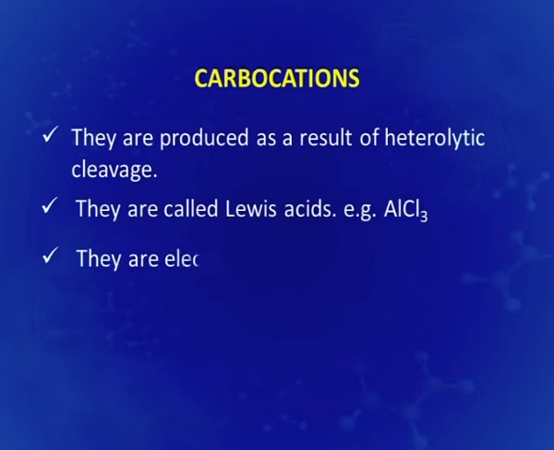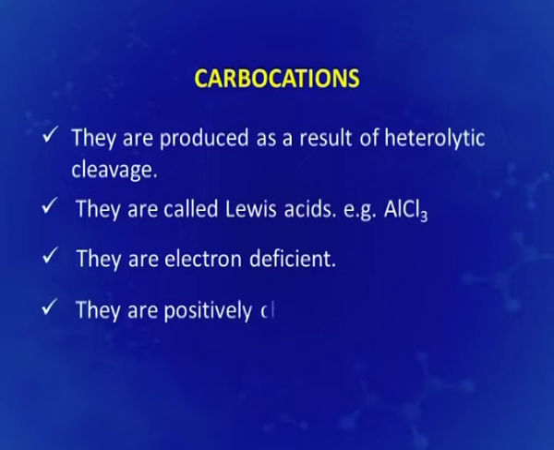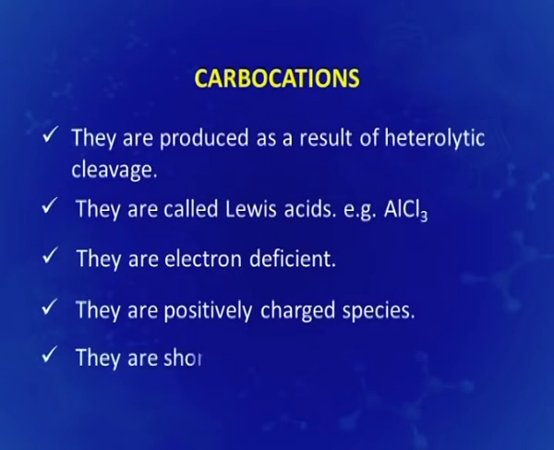And the carbocations are obviously highly electron deficient, so they keep looking for an electron rich center and are also positively charged species. They are supposed to be very short lived and therefore are highly reactive.